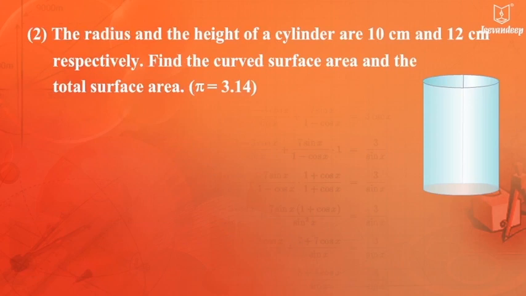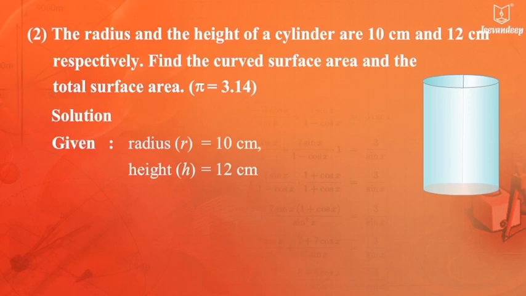2. The radius and the height of a cylinder are 10 centimeters and 12 centimeters respectively. Find the curved surface area and the total surface area. Pi equals 3.14. Solution.